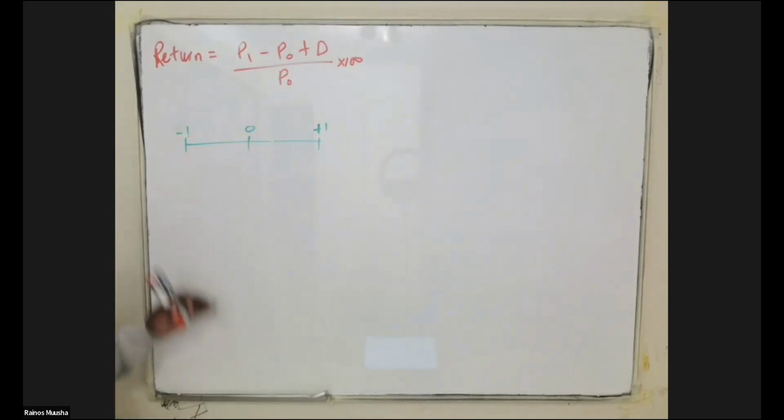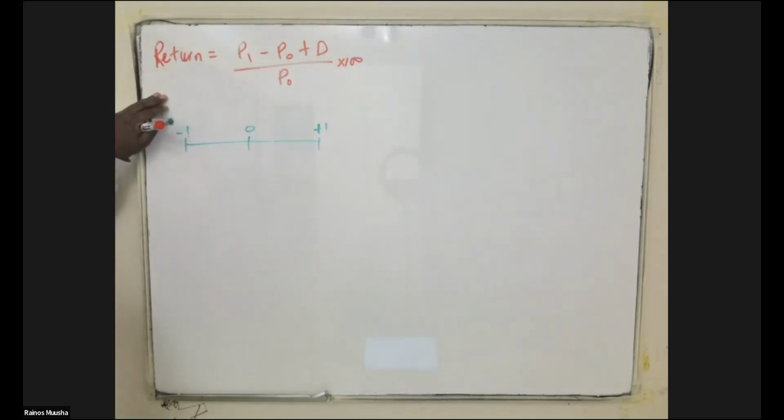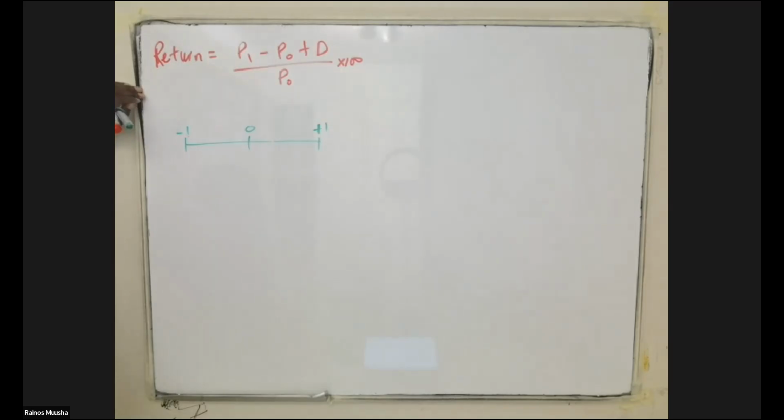So the return on a security would be given as this. And in most cases, this is how we would calculate the actual return on a particular investment.